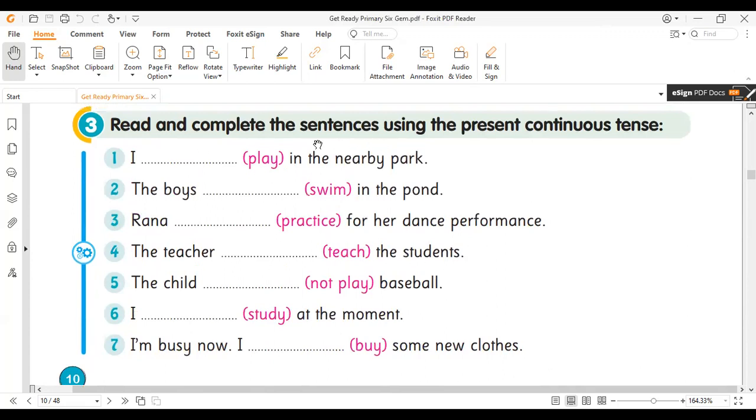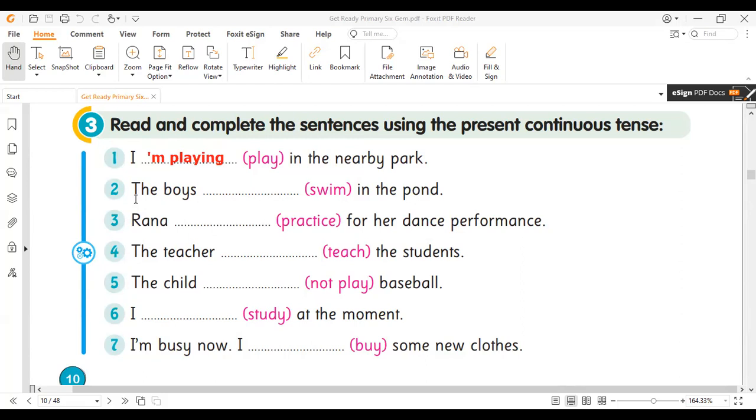Asya, using the present continuous tense. I am playing in the nearby park. Yeah, I'm playing. Excellent. Rahf, number 2.